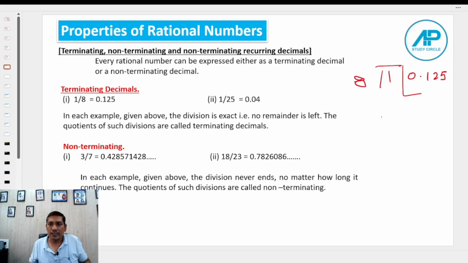So you see here, we cannot have anything else after 5. Decimal has an end. We got the final values 1, 2, 5. We cannot have any other remainder or divisor. So when I divide 1 by 8, I got a complete decimal number which is terminating.